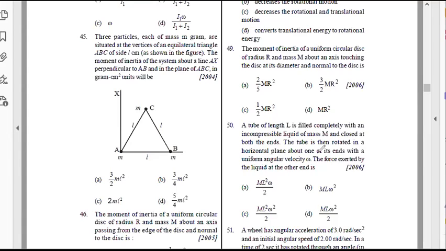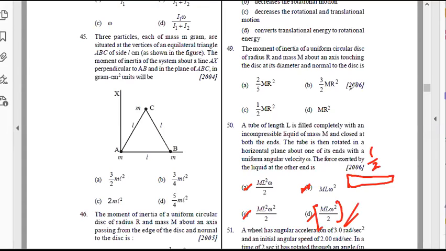Because obviously A and C do not have the dimension of force. So two options remain, either B or D. And we know that when you talk about length having mass, it becomes half. In integration, the integral of x gives x square by 2.